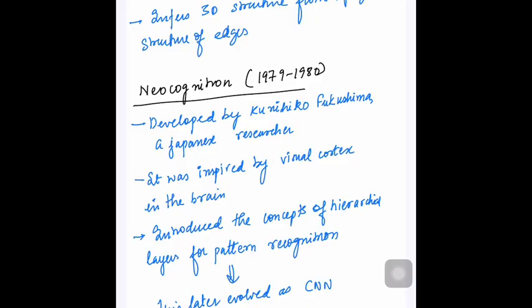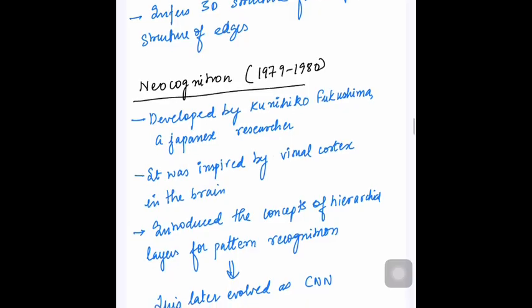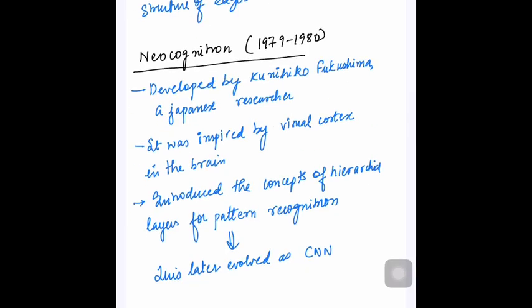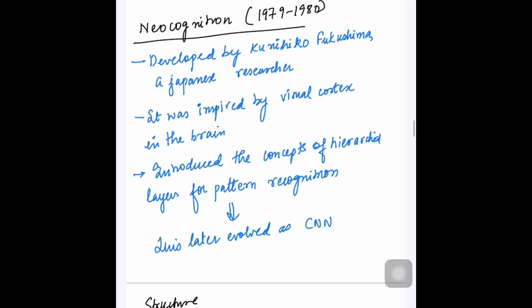If you see the structure of the Neocognitron, it has two kinds of cells, one a simple cell and another a complex cell. The simple cell acts like a feature detector. You can consider this as the filters that we have in our current convolutional neural networks.